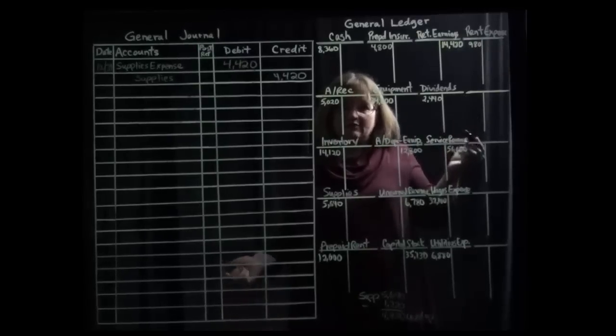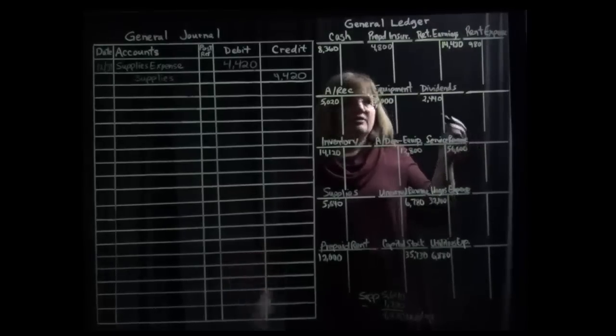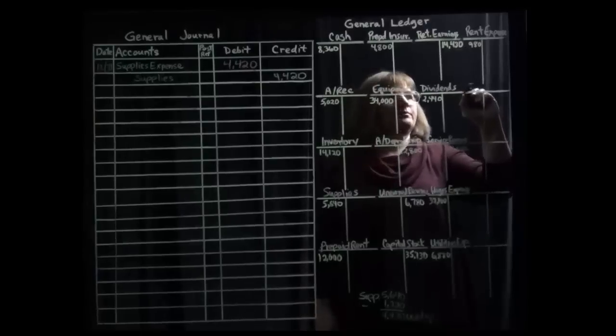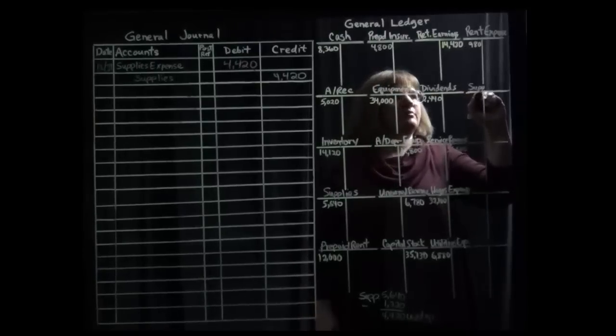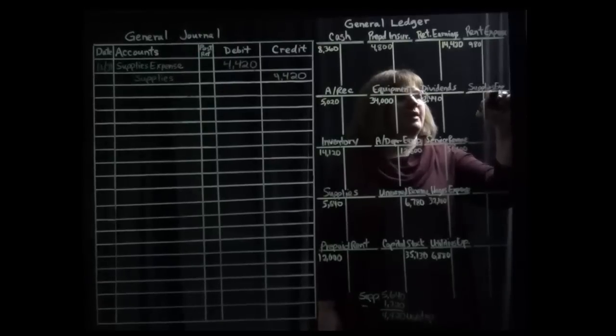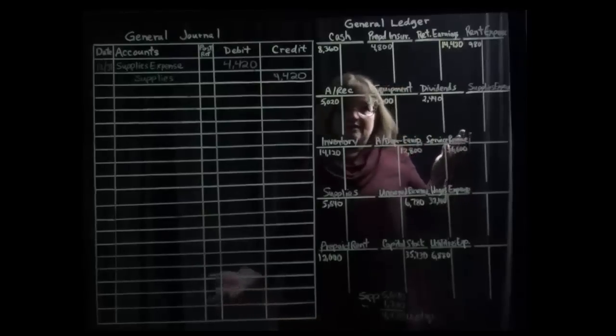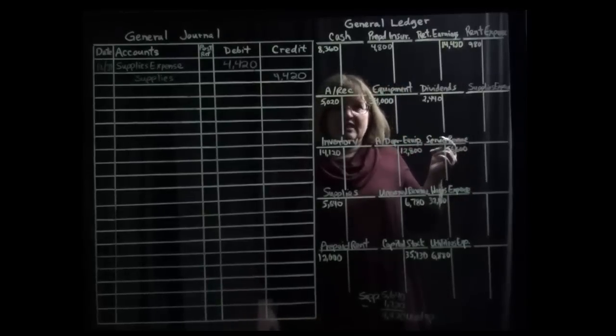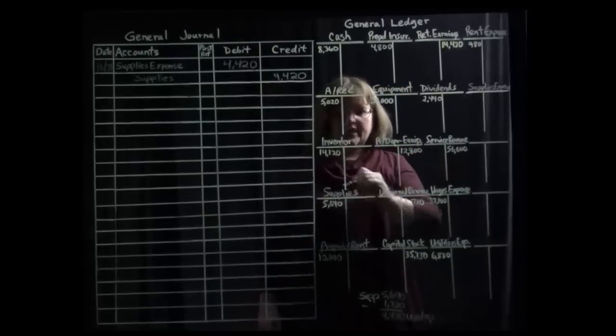When we have accounts that have zero balances, they don't show up on a trial balance. So we're going to add the expense in there, and it simply means they haven't recorded any supplies expense yet this year. We would expect that, given that we're at the end of the year and now's the time to make the adjusting entries. And when they purchased those supplies, they would have recorded them as the asset.